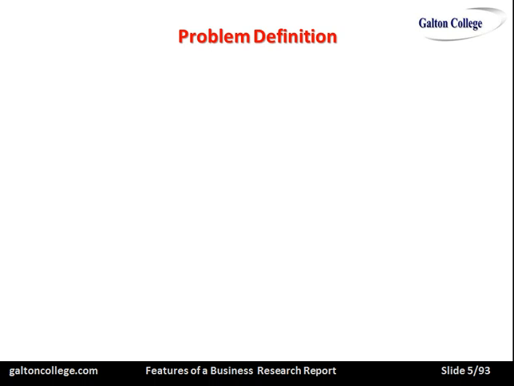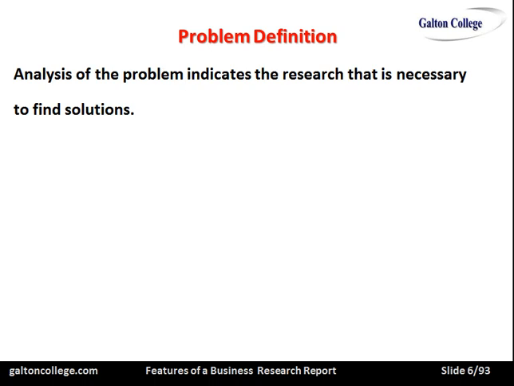The problem definition, well, analysis of the problem indicates the search that is necessary to find solutions. Generally speaking, identifying the problem, identifying it precisely, and writing down the nature of the problem may suggest possible courses of action which will help to resolve the issue.